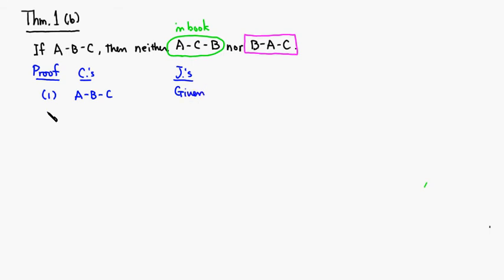Then I'm going to just write down all we know. So A, B, and C are distinct, just like before. So this is by definition. 3, and we know that A, B, and C are collinear.